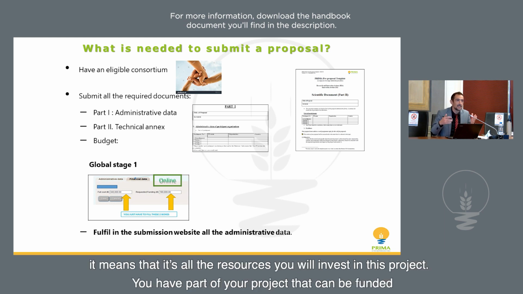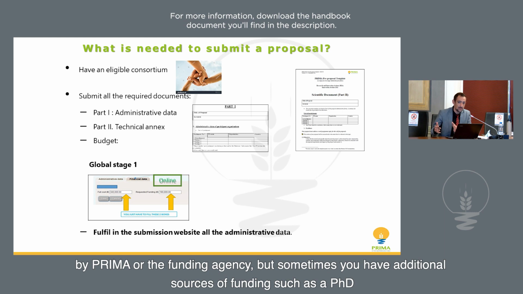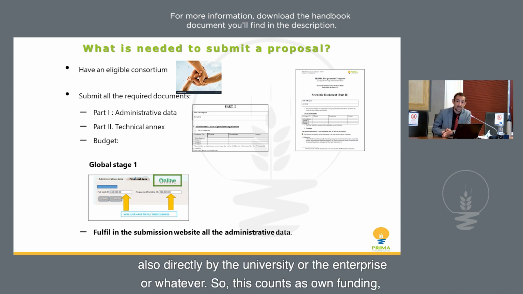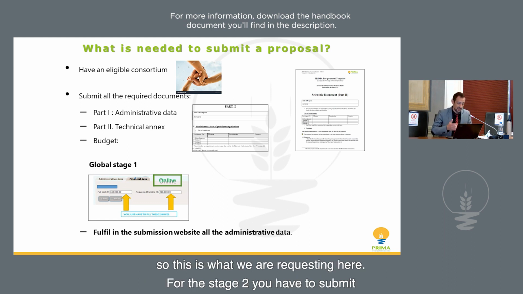It means all the resources you will invest in this project. Part of your project can be funded by PRIMA or the funding agency, but sometimes you have additional sources of funding, such as a PhD that is funded by the university, or the salary of the permanent staff that can be covered directly by the university or the enterprise or whatever. So this counts as own funding.